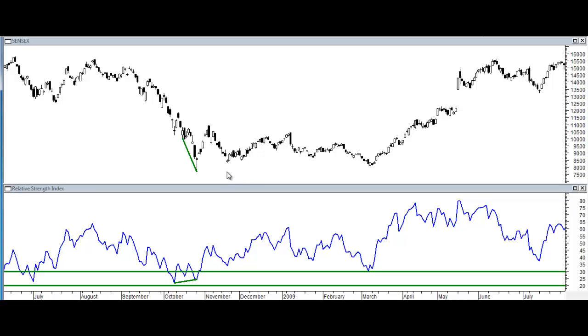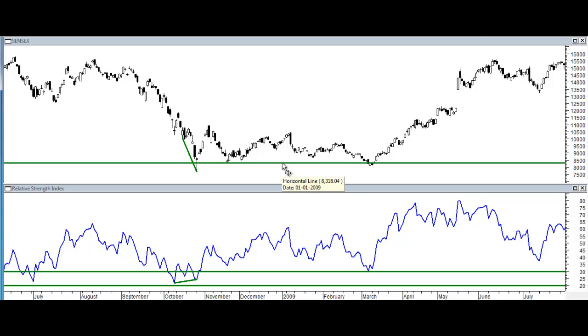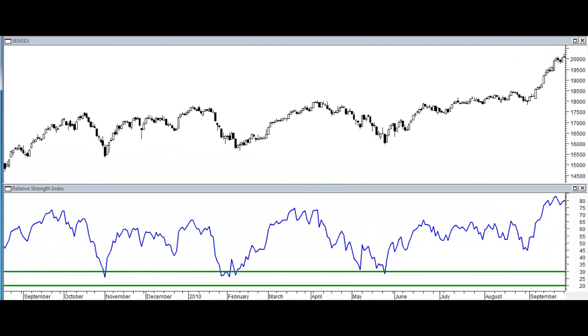And since then we have never witnessed the same kind of panic, or never retested this particular low, though we have traded around 8,300 and tested these levels a few times, but post that we have witnessed a sharp recovery in the market.